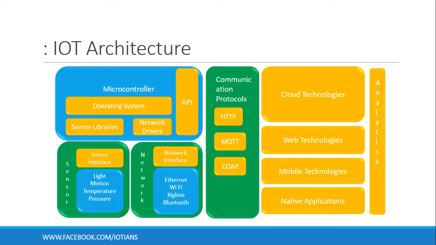Now as I mentioned, it is not 100% required, because some sensors come with an inbuilt chip in them. But as I also mentioned, the use case wherein there are multiple sensors talking to a single device, and that single device is sending data to the internet, instead of all these sensors sending data to the internet directly. So for that reason, this microcontroller is required.